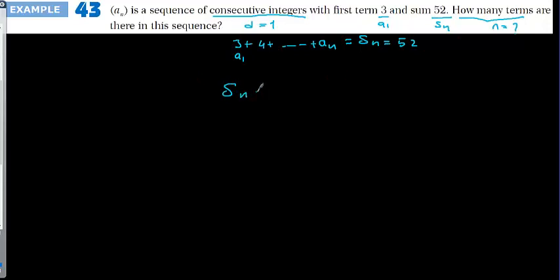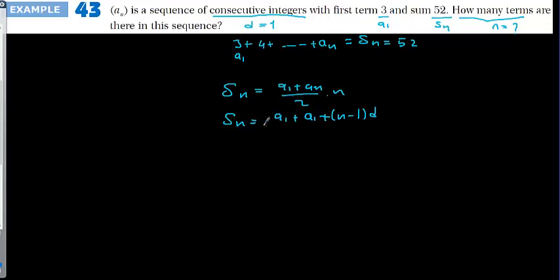Let me write the formula. Sn is equal to (A1 plus An) over 2 times n, which is equal to (2A1 plus (n minus 1) times D) over 2 times n. For finding n I would need A1 and An, but I don't know An and n, so I'm going to simplify An to write it in terms of A1.